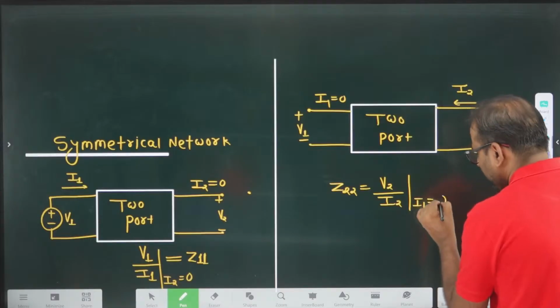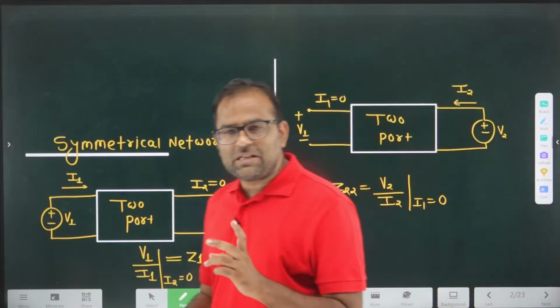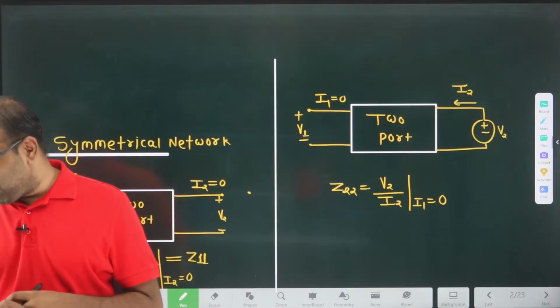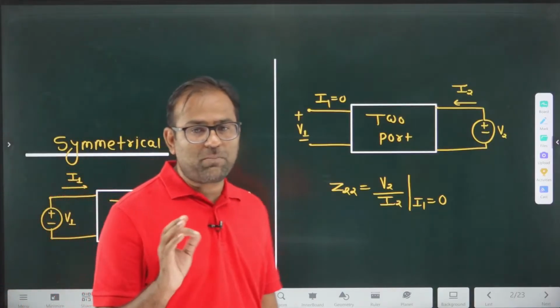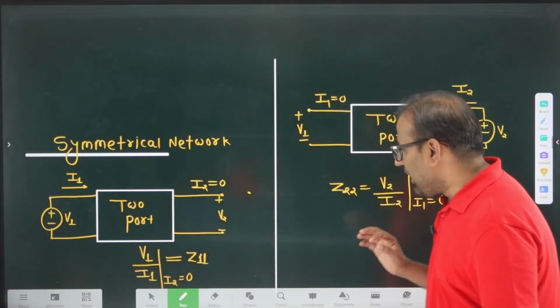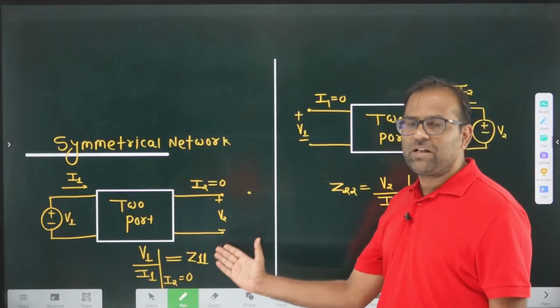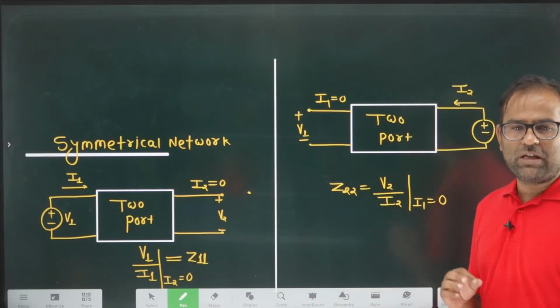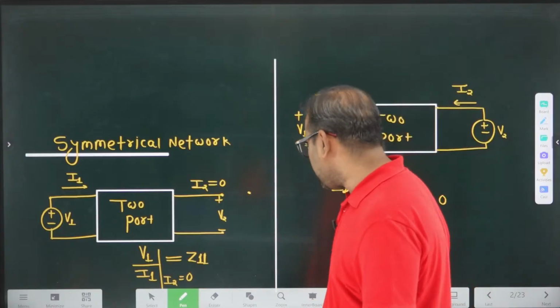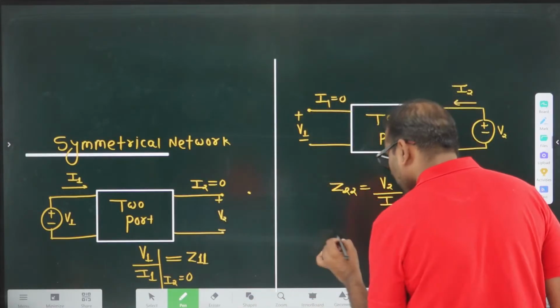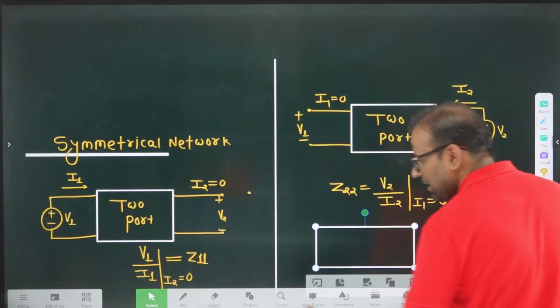If you are interchanging the ports, swapping port number 1 to port number 2 and port number 2 to port number 1, and you still get the same value of Z11 and Z22, then the network is said to be a symmetrical two-port network. So what is the condition for a symmetrical network?